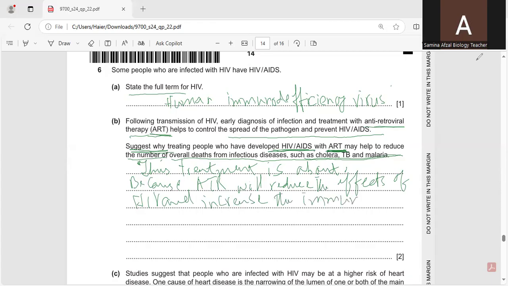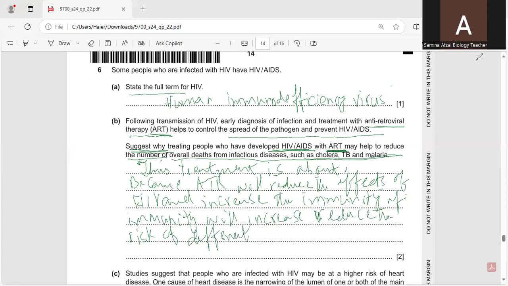And if immunity is increased, it will reduce the risk of different infectious diseases.